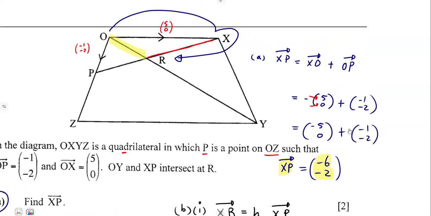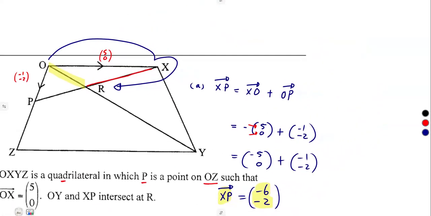So OR is going to be equal to what? Let us just have it here. So that was item 2 of what? Of B. So that's OR. We just need to show that. So OR is going to be from O to X, then X to R. So that's OX, then X to R. Just like that.